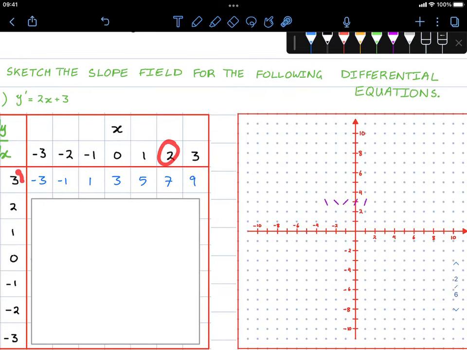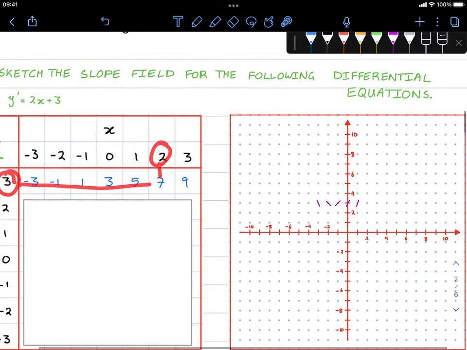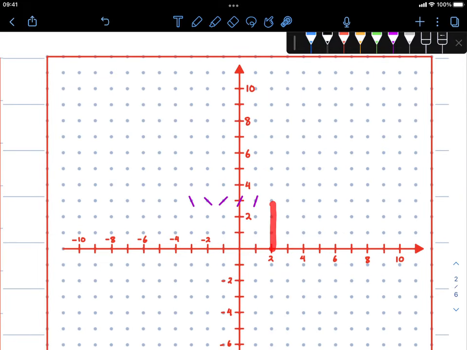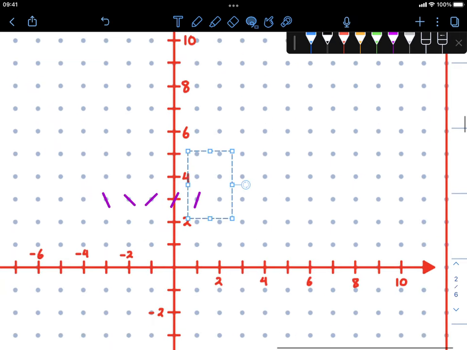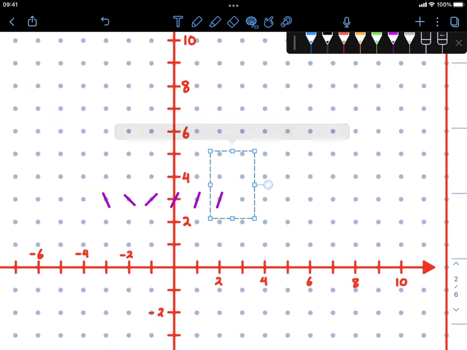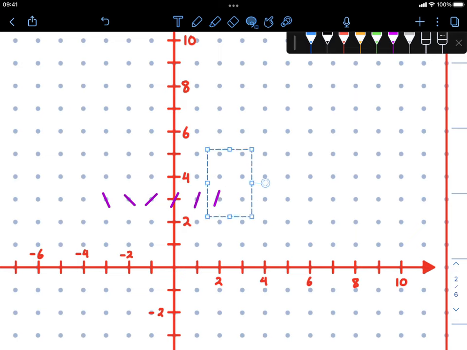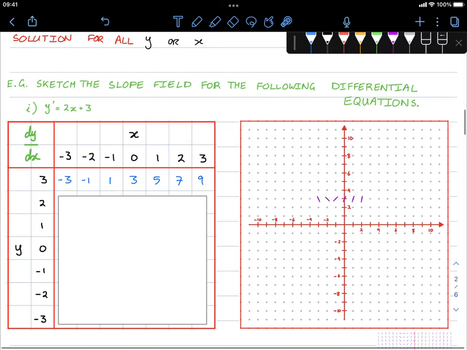At 2, 3, we get a gradient of 7. So it's very steep now. Something like that. And we saw that lastly at 3, 3, we get a gradient of 9.